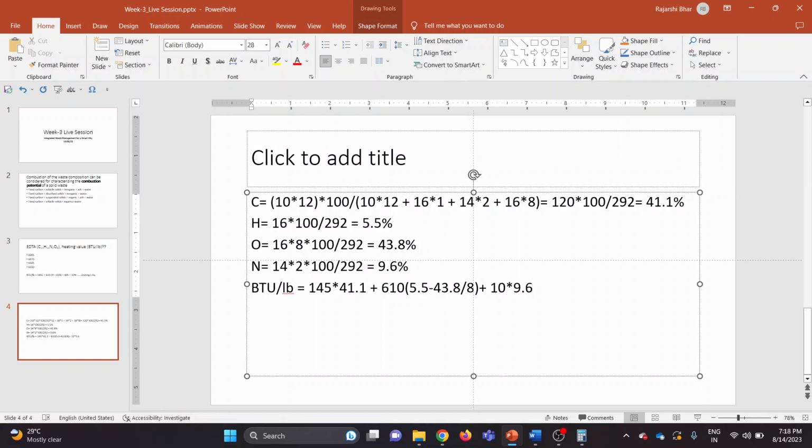Since my chemical formula doesn't have any sulfur, S will be 0. So that term is 0 and we have ignored it.